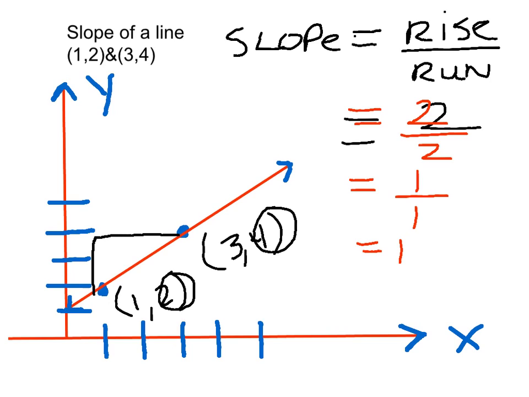So if the slope equals 1, what that says in this problem is that we may have to rise 1 foot to run 1 foot to get to each different point. And so if our slope is 1, then we know that we have a very moderate slope of a line.